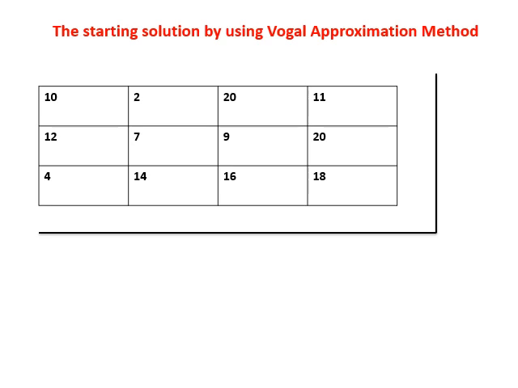We have the same example with the same values. The values in the corners here are the costs: 10, 2, 20, 11, and so on. These are the costs of transportation from source to destination.